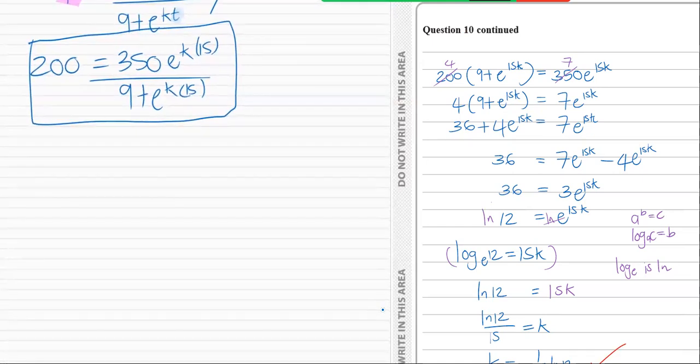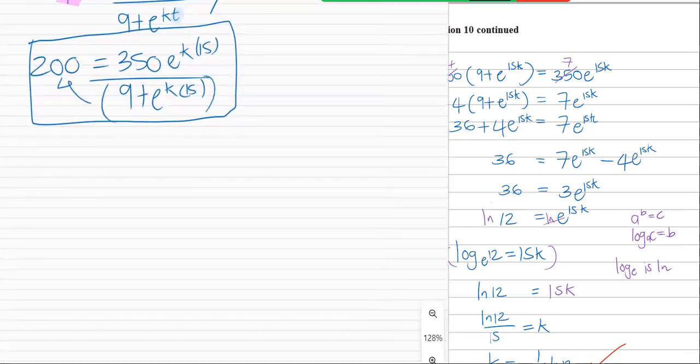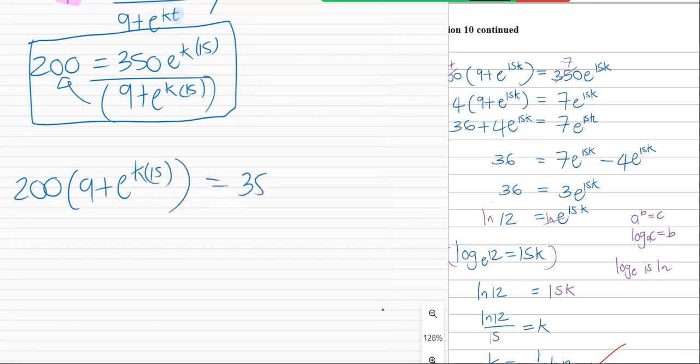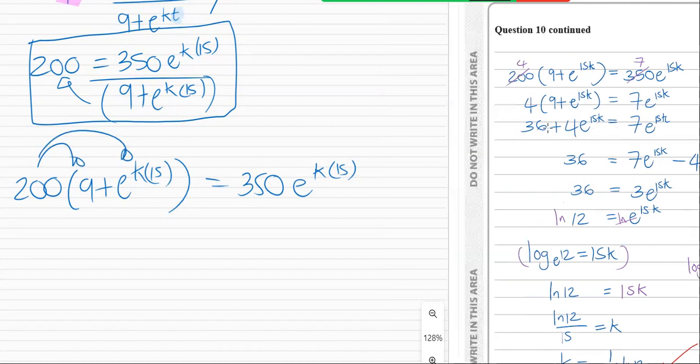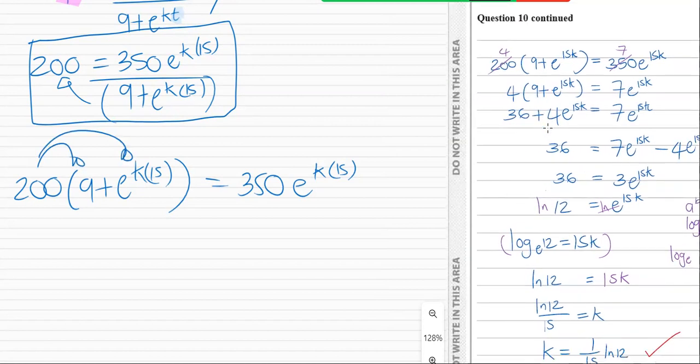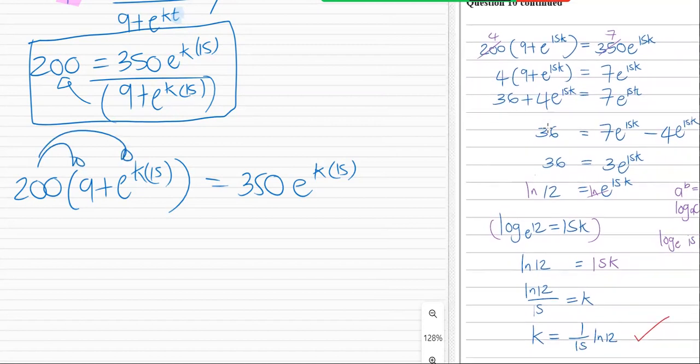First step, times both sides by this denominator, so it goes over there. 200 times 9 plus e^(k 15), okay, equal to 350 e^(k 15). All right, times this in. We get 200 times 9, which I already worked out. Oh, I just canceled out.